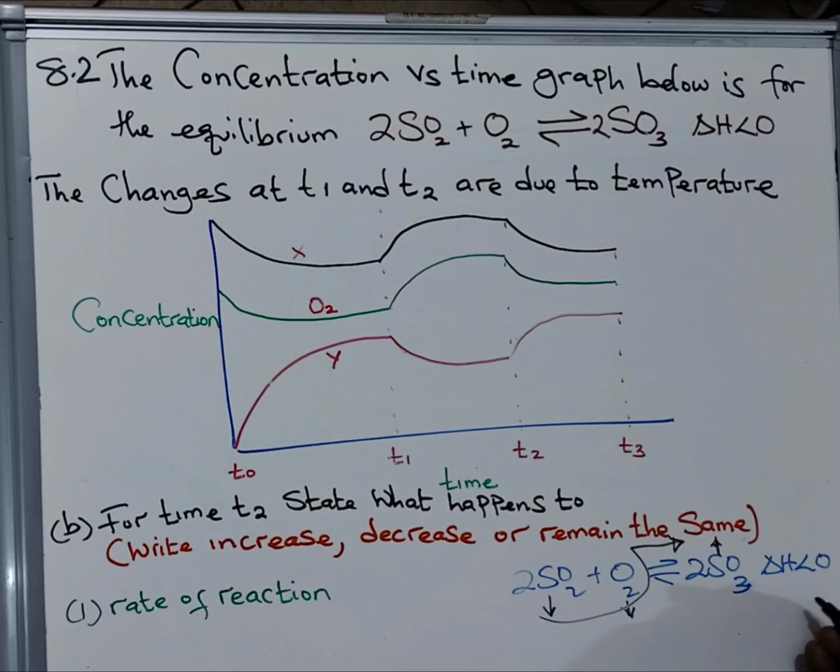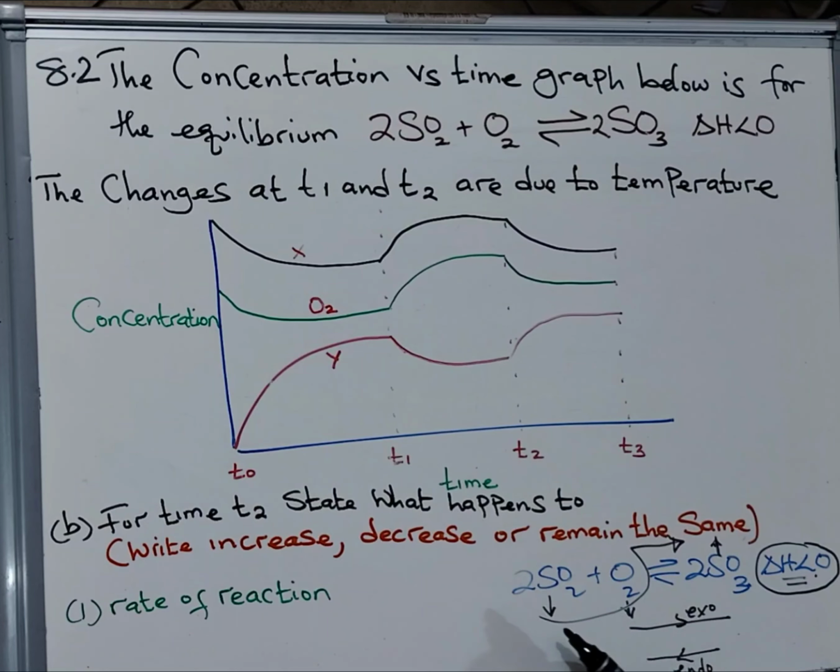After predicting the position, then you come here. You need to know that whatever you have here is for the forward. This one is enthalpy change less than 0, implying exothermic reaction. So, meaning forward is exothermic and reverse is endothermic. But you need to know that according to Le Chatelier, decrease in temperature favors exothermic, and the increase in temperature favors endothermic.